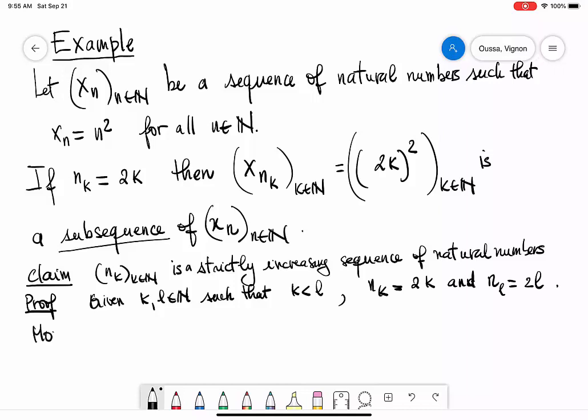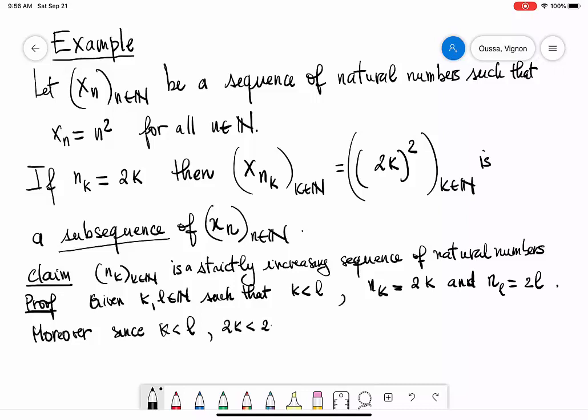Moreover, since k is less than l, I can multiply each side by 2.